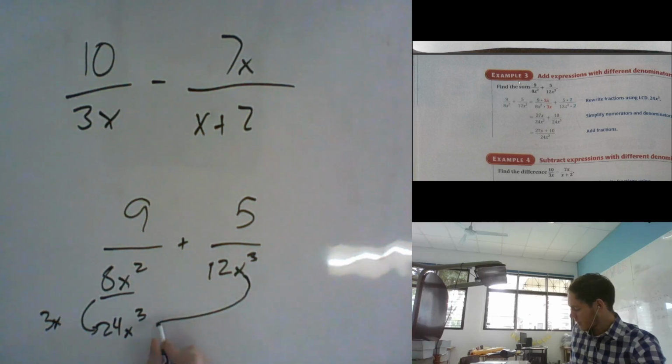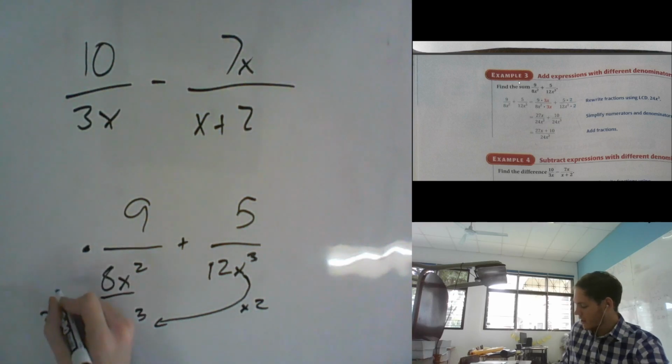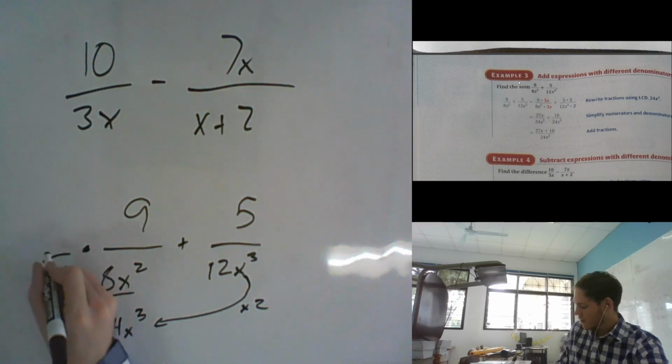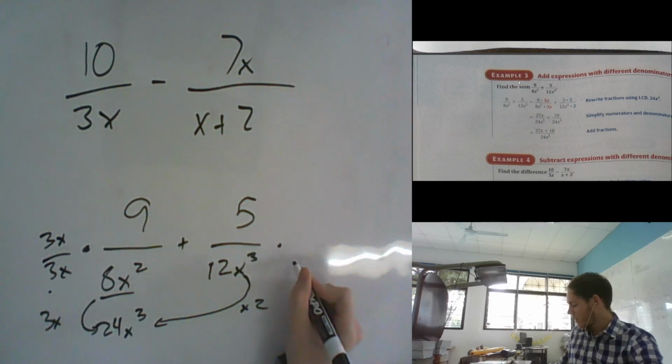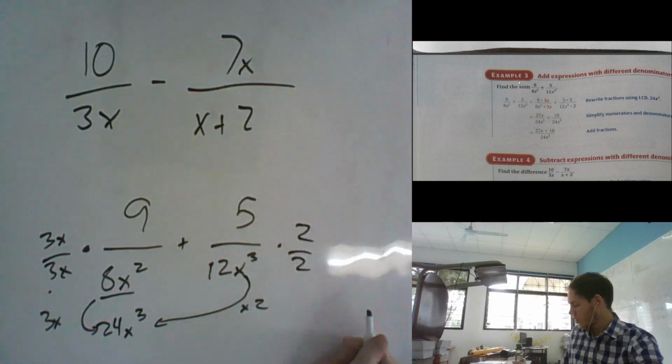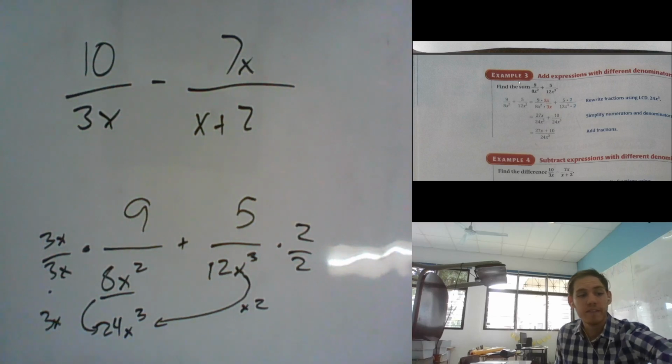How many times does this go into 24x cubed? Times 2. So then I multiply this by 3x. I want to get the same denominator. Then I multiply this by 2 over 2. Okay? So it's what does this denominator need to multiply by to get into 24x cubed?